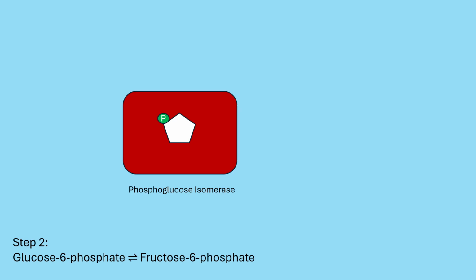It still has 6 carbon atoms, and the new intermediate is fructose 6-phosphate. This is important because it sets up the molecule for the next phosphorylation step. This time, the reaction is in equilibrium, which means that it is reversible and can convert the fructose form back into the glucose form, depending on what the body needs.